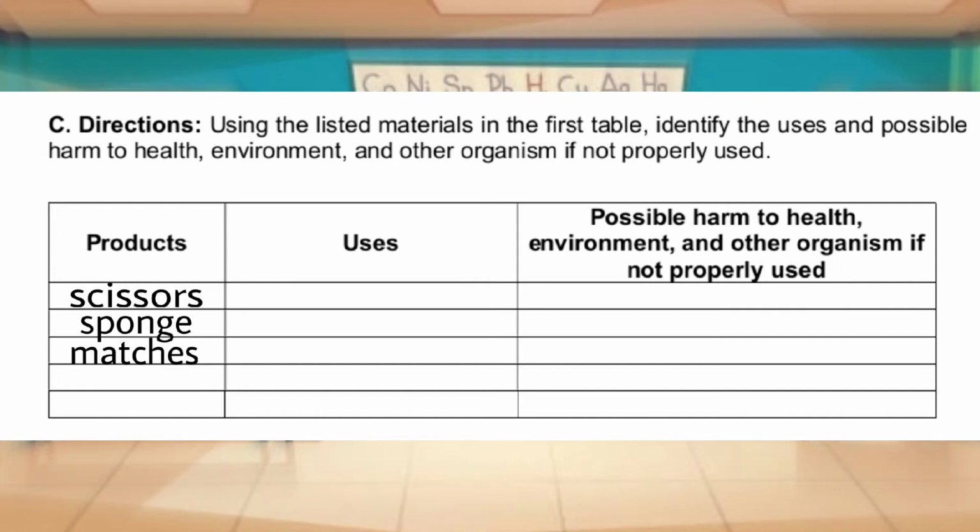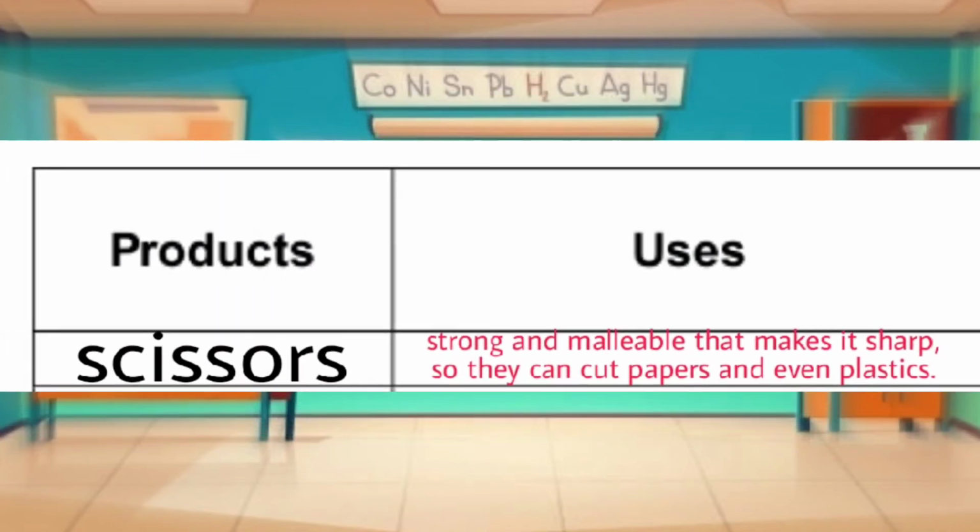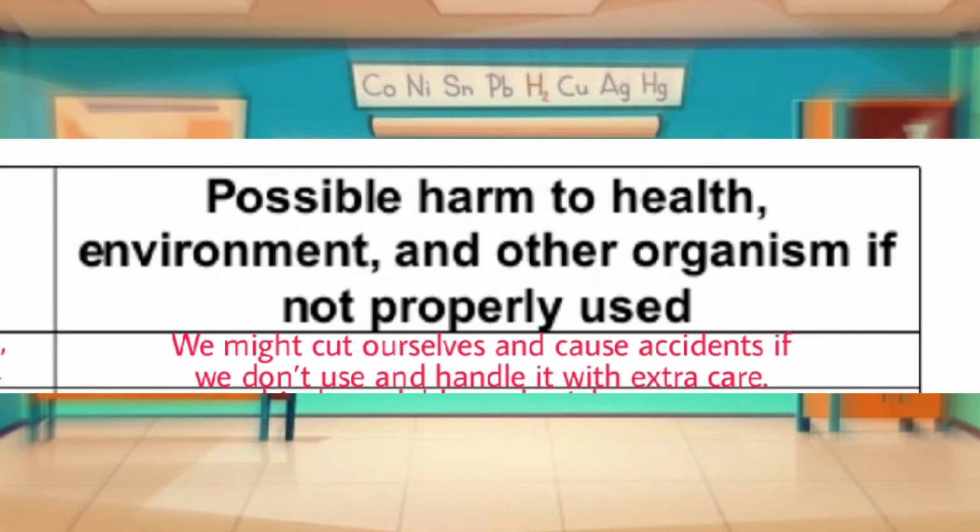How can scissors be useful? Very good! Scissors are strong and malleable that makes them sharp, so they can cut papers and even plastics. How about its harmful effects? Good job! We might cut ourselves and cause accidents if we don't use and handle it with extra care.